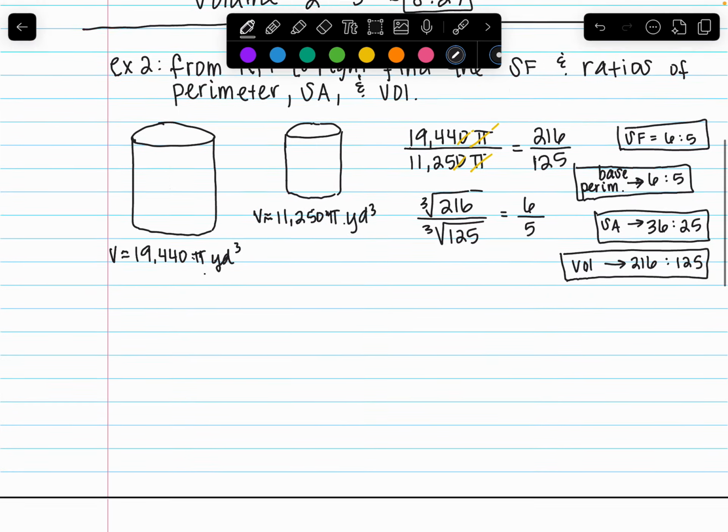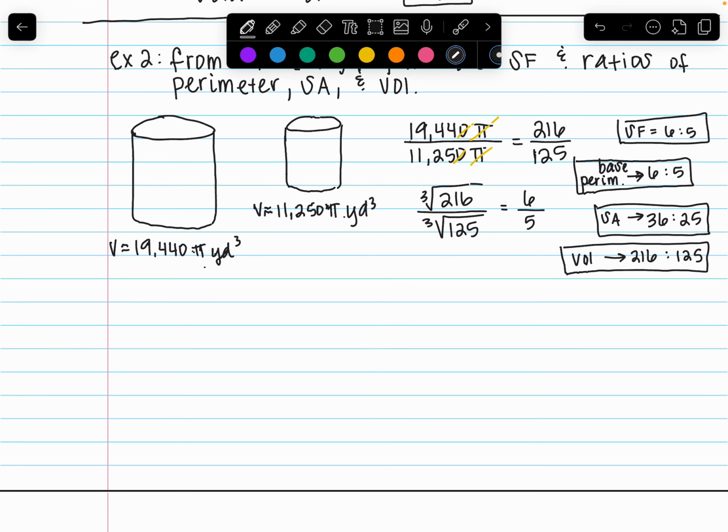Okay, so that's the end of example 2. We got a little bit of space left for example 3, which is perfect because that's what we needed. All right, so this time we'll write a lot of instructions.